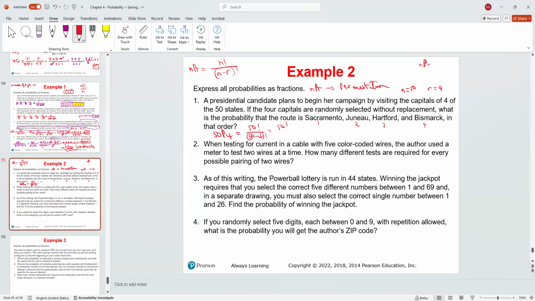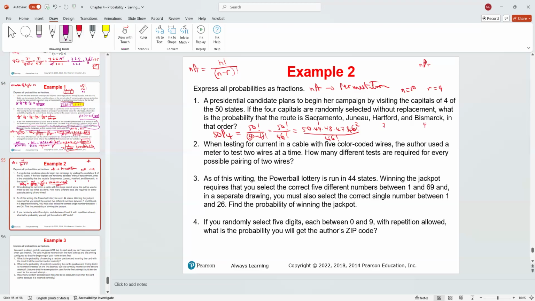So that means 50 factorial over 46 factorial. We can go all the way, like you do 50 times 49 times 48 times 47 times 46, and all of this over 46 factorial.